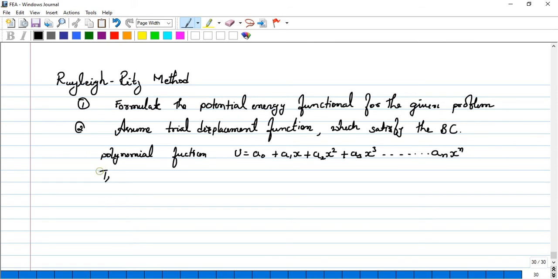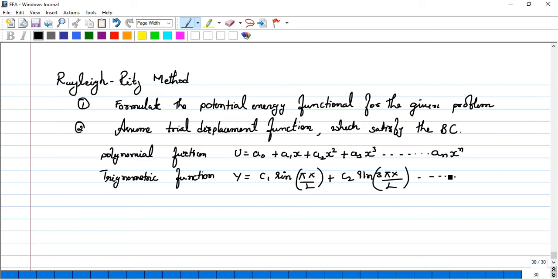Similarly, we have the trigonometric function, represented by y equal to c1 sine pi x by l, followed by c2 sine 3 pi x by l, and it will continue. So this is a polynomial and this is a trigonometric function.